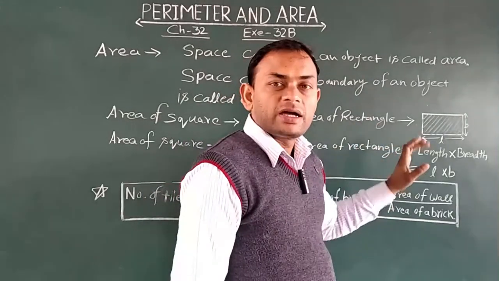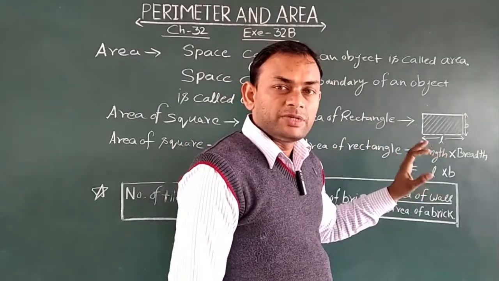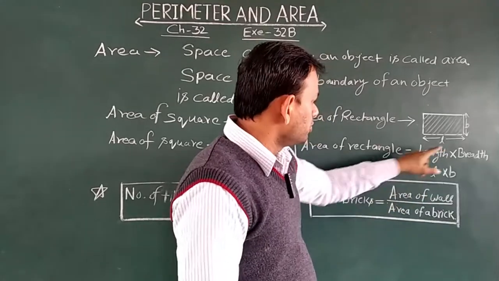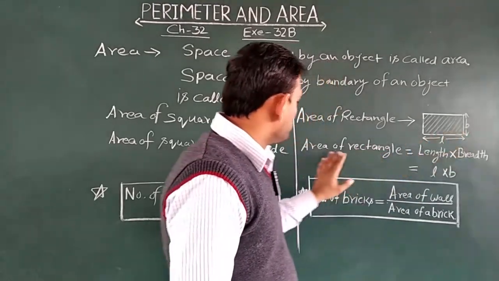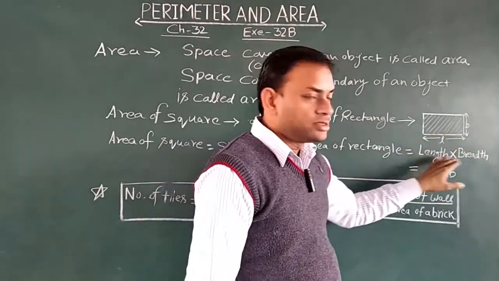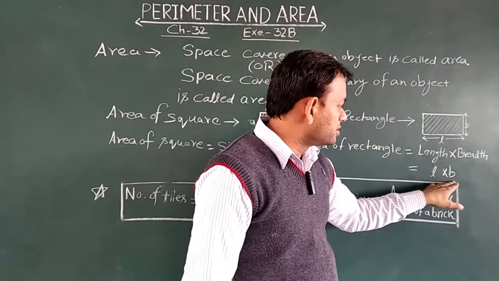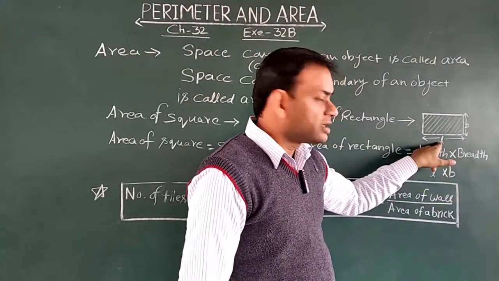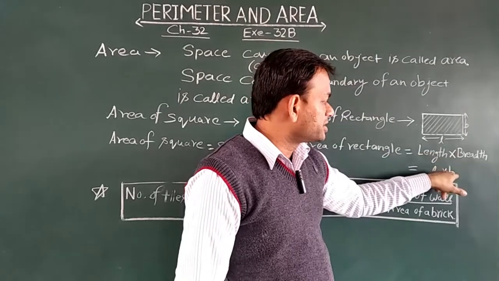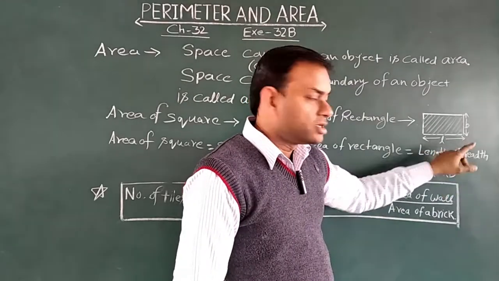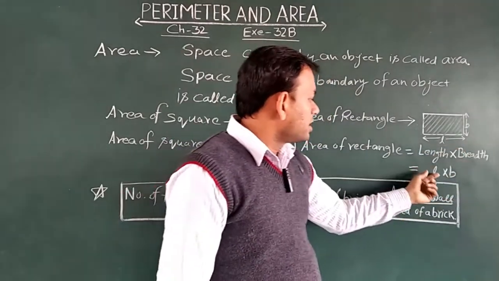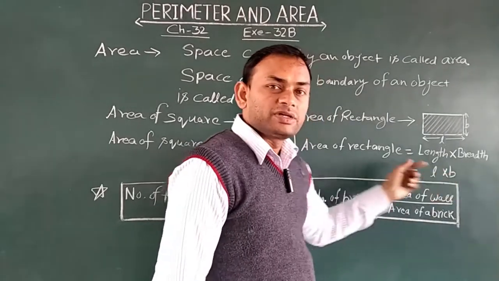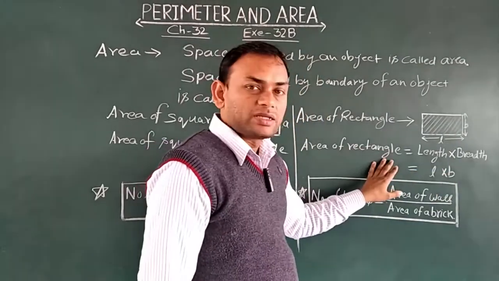By multiplying the measures of adjacent sides. So area of a rectangle will be length into breadth, L into B, L representing the length and B representing the breadth. So when we multiply the length by the breadth, we get the area of the rectangle.